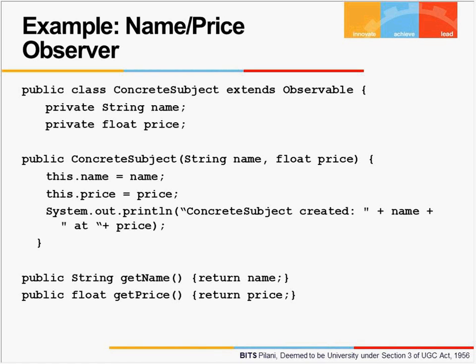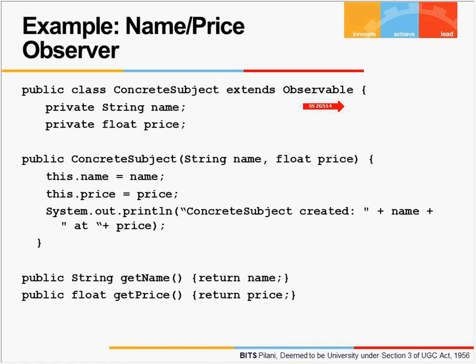So, okay, this extends the observable. In Java, they have made it a class, not an interface, but ideally it should be an interface, otherwise you will not be able to extend more classes, right?